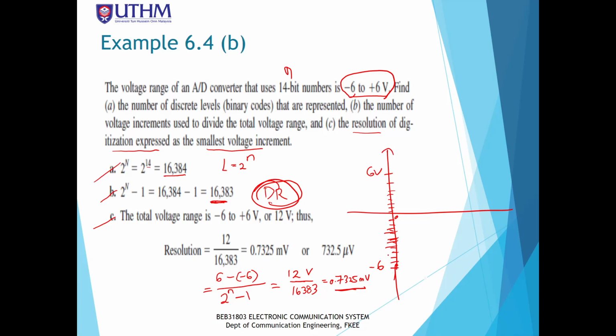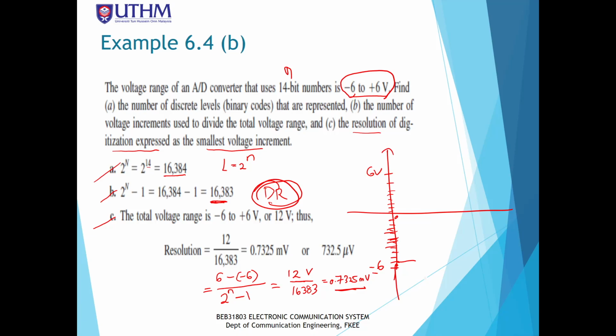If you see from here, let's say the last would be minus 6. So if you want to know what is the second level, actually it is minus 6 plus 0.7325 milli.